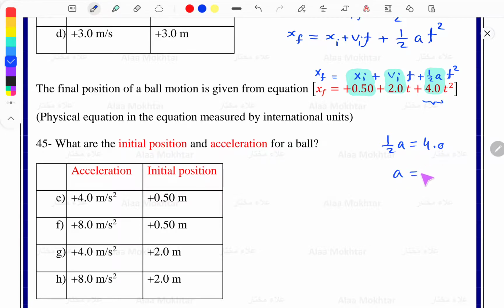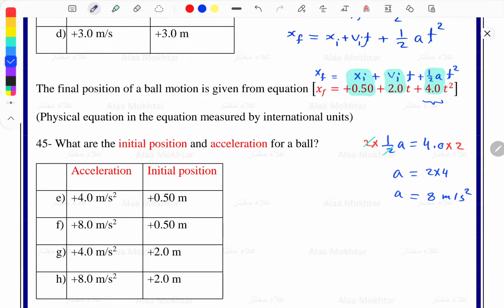So A equals 2 times 4. I multiply by 2 on both sides to get what? Acceleration equals 8 meter per second squared. He asked about acceleration, 8 meter per second squared, initial position 0.5.